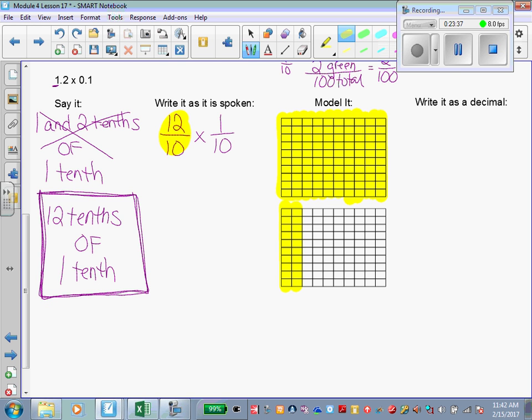So now, how many columns do I have colored in? 12 columns. But I need to multiply this 12 tenths times 1 tenth. Alright? What am I going to do?